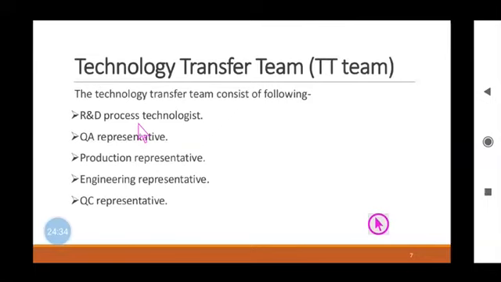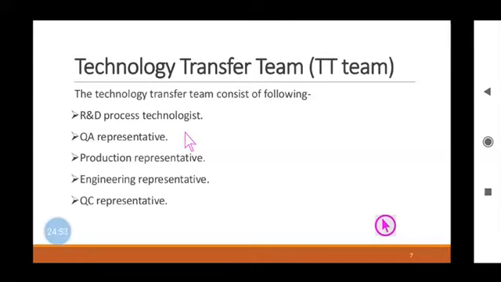So there has to be an R&D process technologist who will be carrying out the R&D operations. Moreover, the QA representative, the quality assurance representative, must be there to properly control the process.